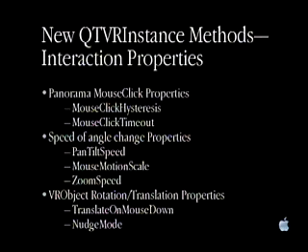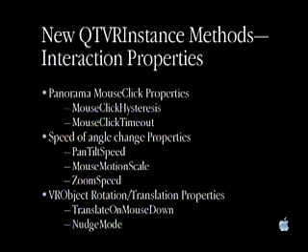Also, speed of angle change properties. This is a multiplier factor for the pan and tilt. You'll see this quite well in the demo, that basically if the user is using the mouse to pan across a panorama, and you change the pan tilt speed, the panorama will speed up or slow down.